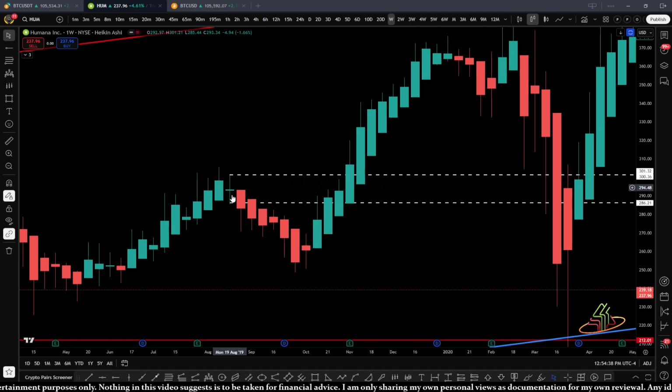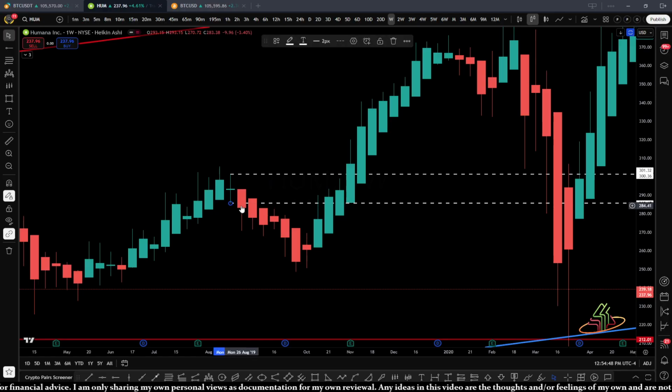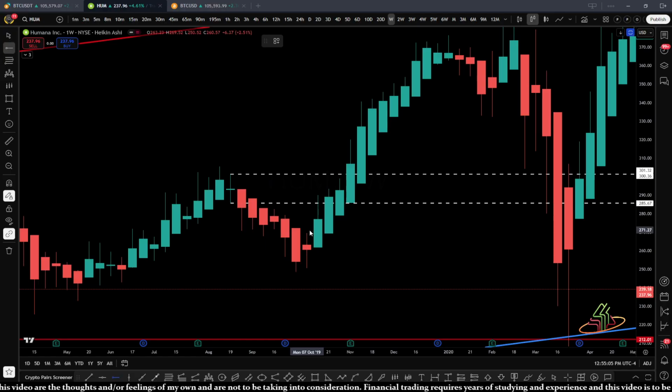Once we get here, we don't want to make any trades until we get a full bar closed beneath this. So this one right here, we don't really want to jump in on it, right? This one right here, you don't really want to jump in on it. This bar right here that closes all the way under, you're good to go. Jumping on this one, and this is the money you get to make, right? After that happens, same thing again.